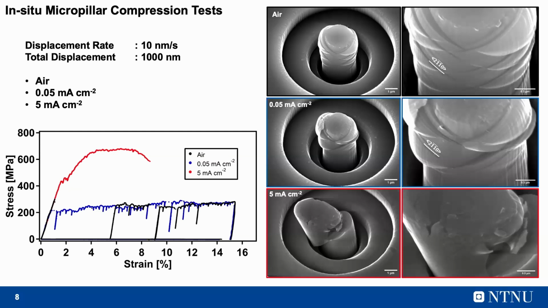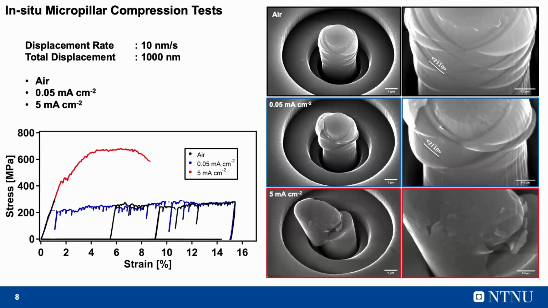However, when we introduced the higher charging conditions, which in that case is 5 milliamp per centimeter square, where we believe we introduced the hydride within the microstructure, the yield stress increased, obviously, and we also observed a hardening phase with the introduction of these hydrides.